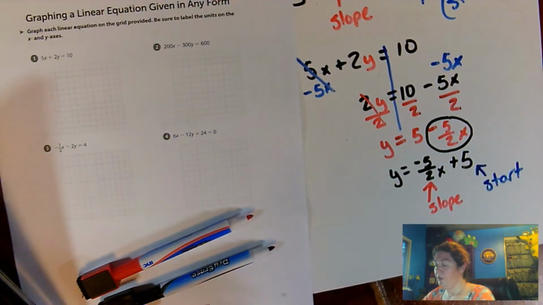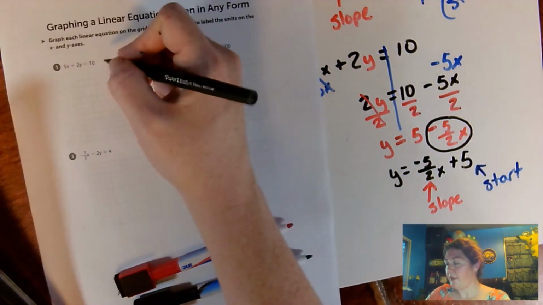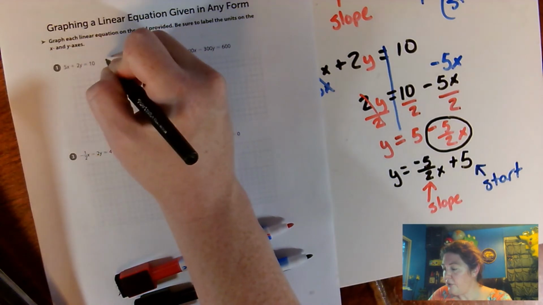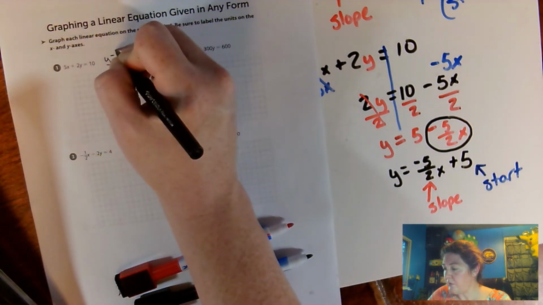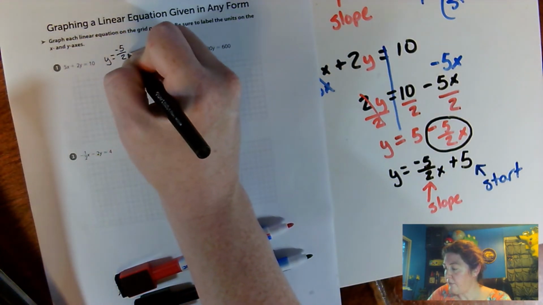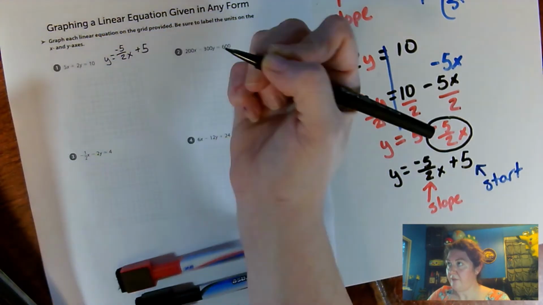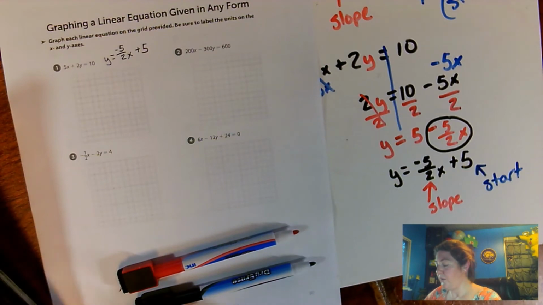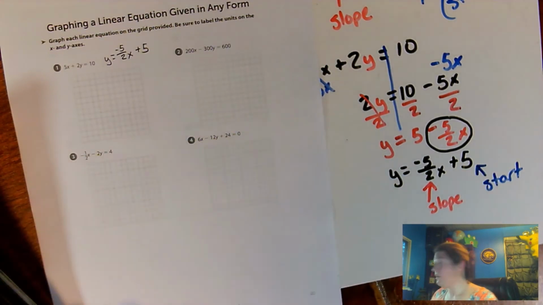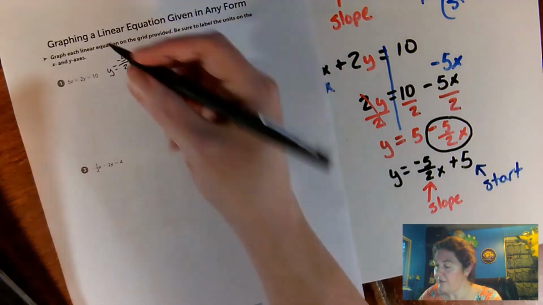Okay, so just to make life a little easier, I'm going to come over here and rewrite my equation. My brand new equation is y equals negative 5 over 2x plus 5. Okay, well, I don't have a graph drawn on my page. So that's the first thing I'm going to do.